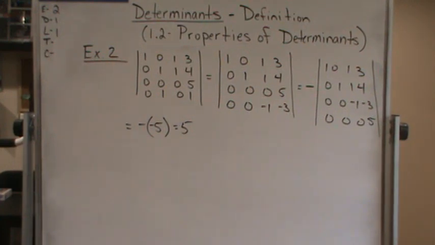Now, this example raises an important point. This chapter's introduction gives the formula for 2 by 2 and 3 by 3 determinants. So we know that they exist, but not for determinant functions of matrices that are 4 by 4 or bigger.